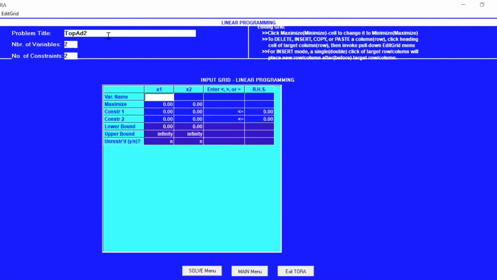We are maximizing P1, which is 4x1 plus 8x2, and I'm going to enter all the values for the constraints.